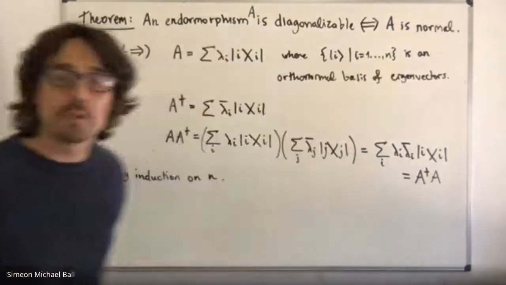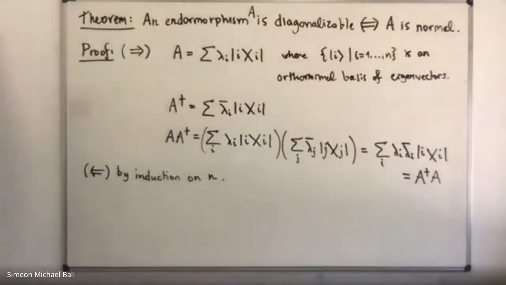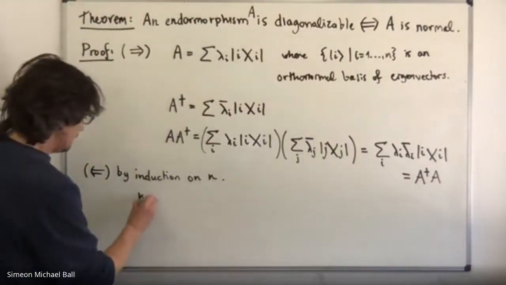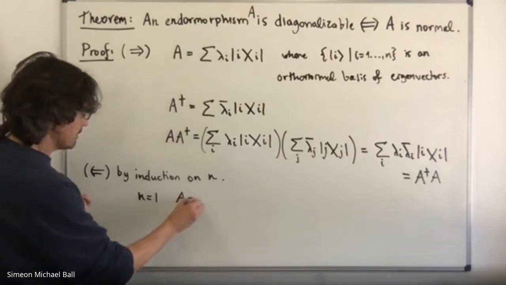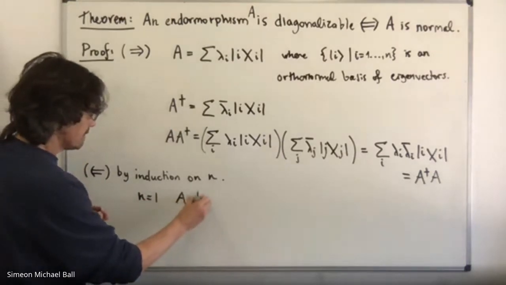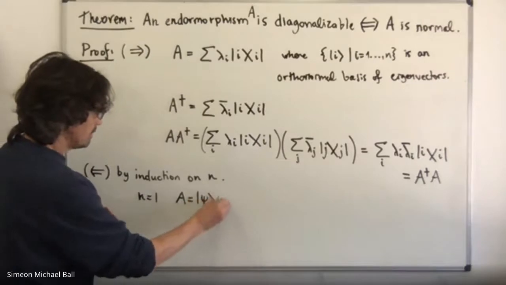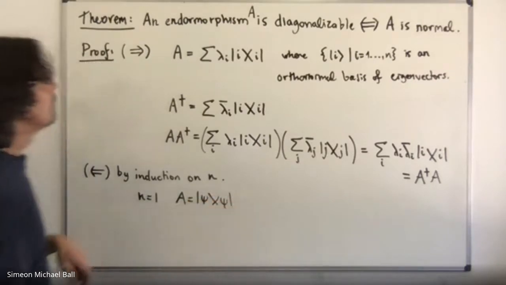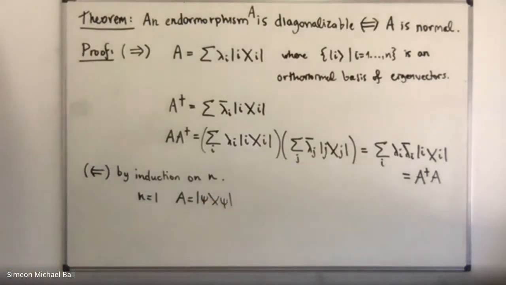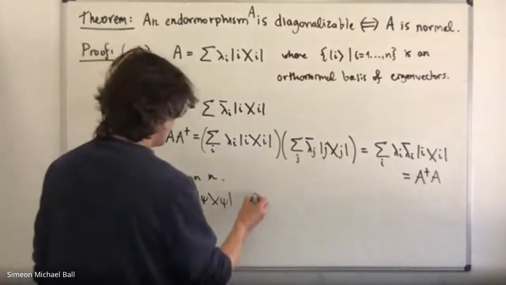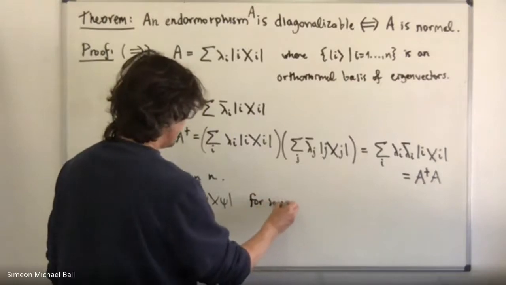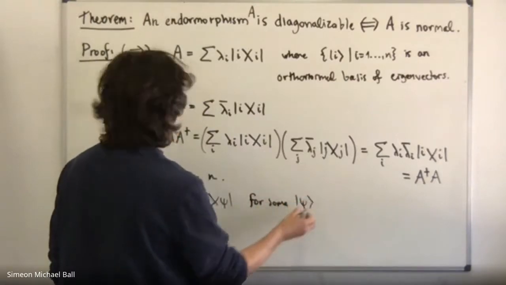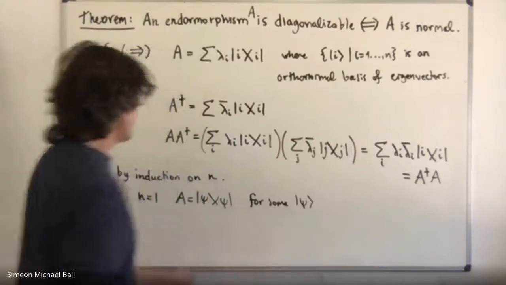So by induction on n, for n is 1, a positive operator is just this, isn't it? What have I got to show? Which is diagonalisable, right?